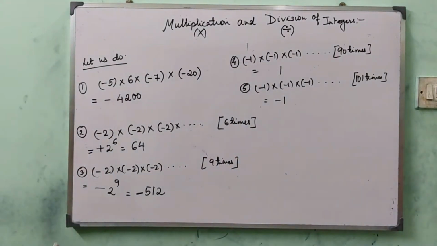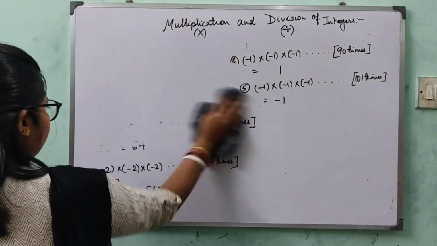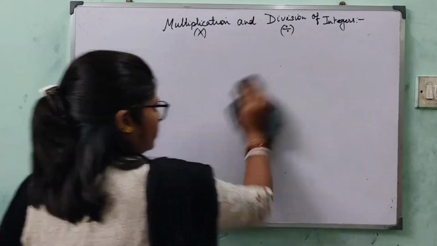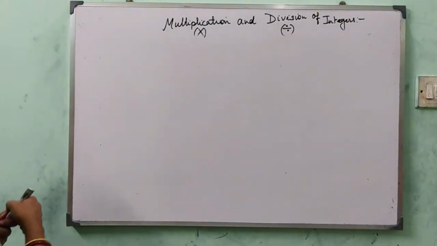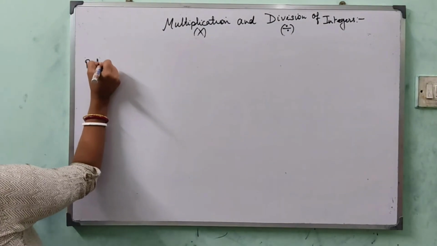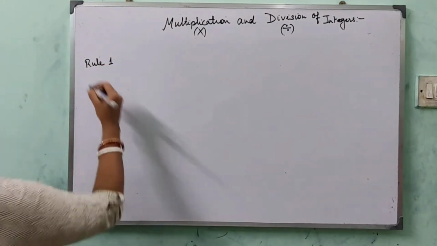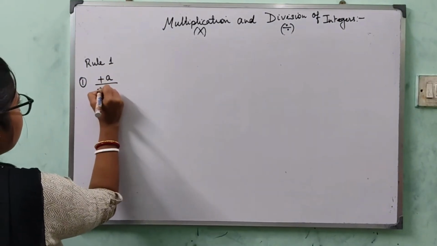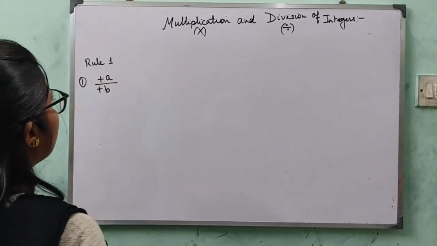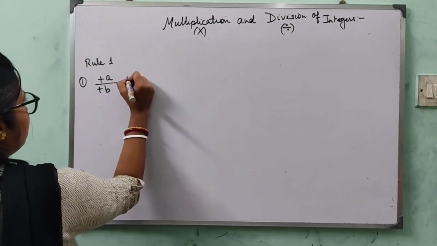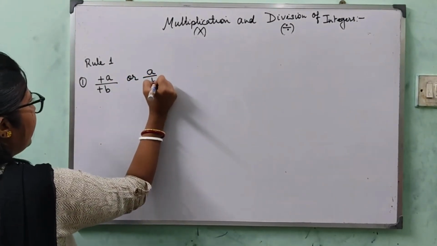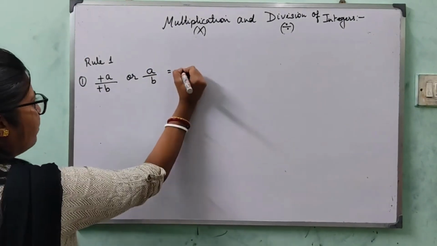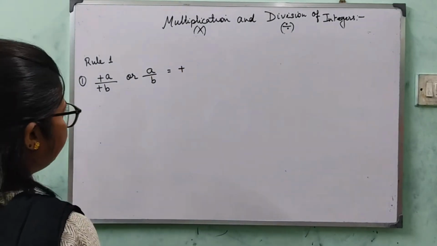Next, we are coming to division. Now, for division here also, you need to know some rules. Rule 1, if I divide a positive integer by a positive integer, or simply a by b, then the result will always have a positive sign.